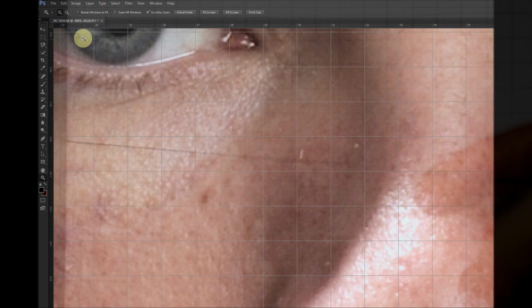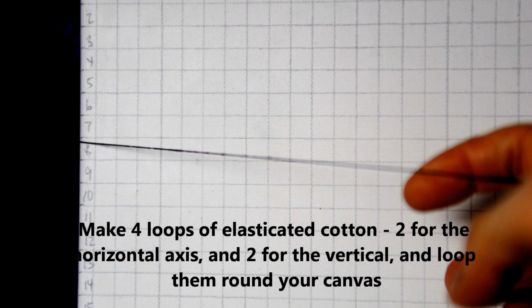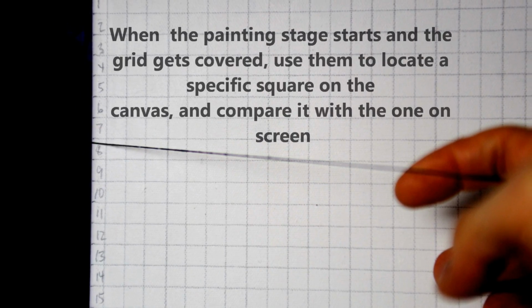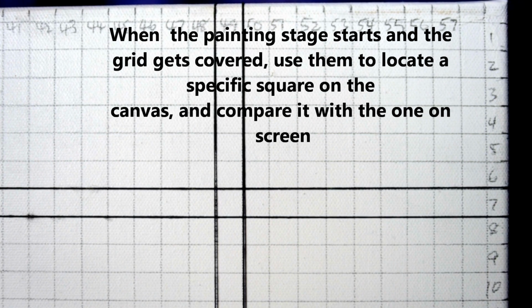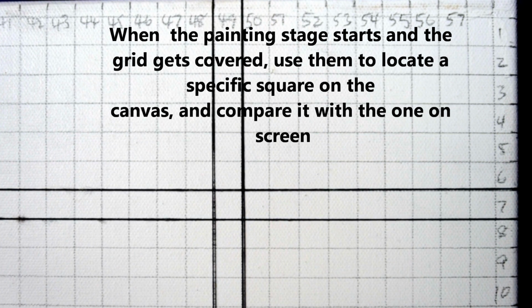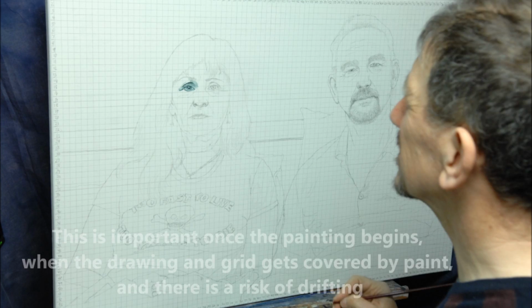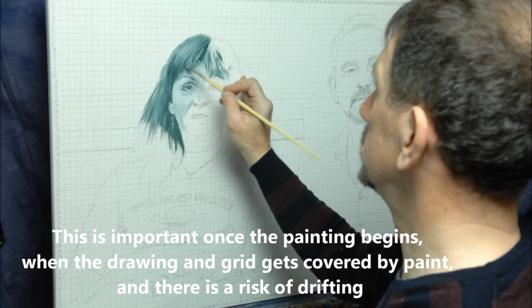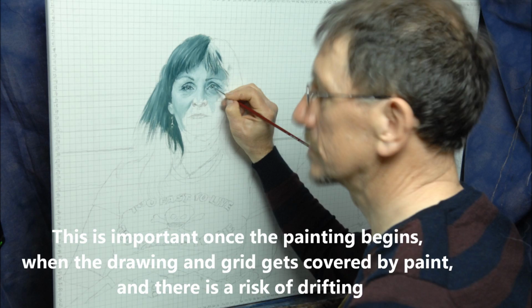When you get painting, the grid gets covered, so to identify individual squares I make 4 loops of elasticated cotton. I leave the numbered squares at the edges unpainted, and then when I need to identify or find an individual square, I can use the elasticated cotton positioned on the numbered edges.